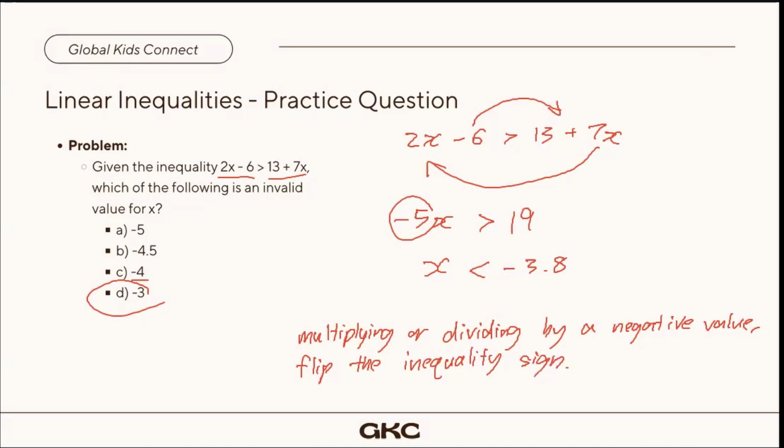So this is a very important thing to memorize and remember. And so whether it be any constant, any value, if it is negative and you have to either multiply or divide, make sure to always flip the inequality.